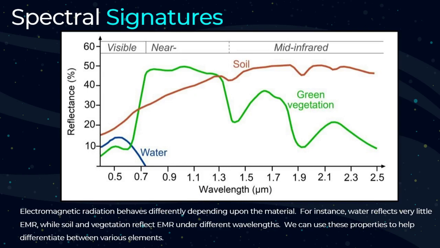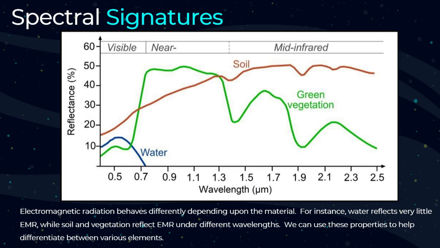When the percentage reflectance values of objects are plotted against different wavelengths, those plots are known as spectral signature curves. These signatures help to classify remotely sensed images into different landscape features such as water, vegetation, and soil.